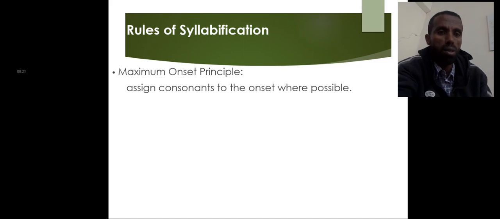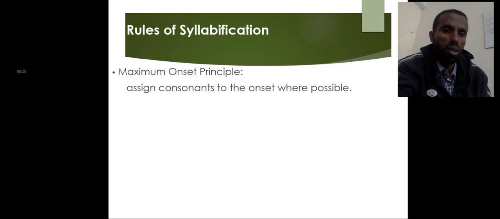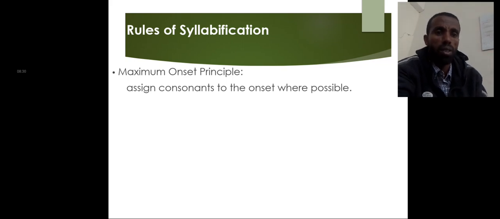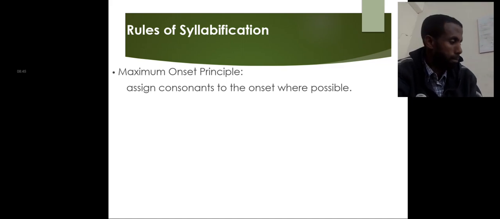It would be easy for me to stress the right syllable. So when you stress the right syllable, you can communicate appropriately, especially with native speakers. So that's what we mean by fluency. Assign consonants to the onset where possible means you pay attention to the maximum onset principle.